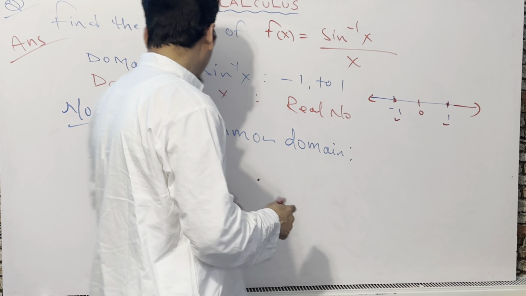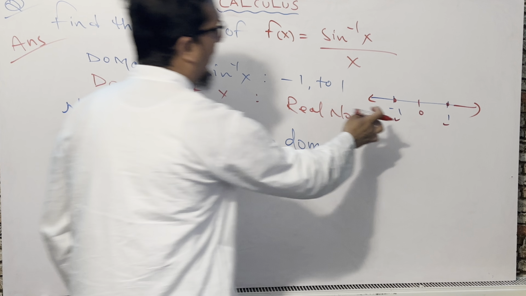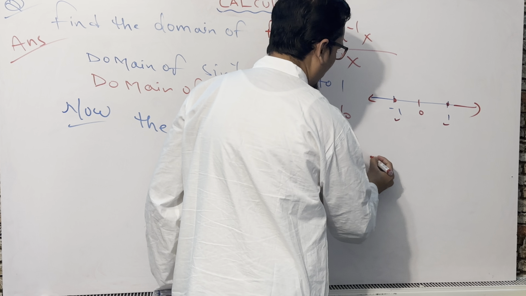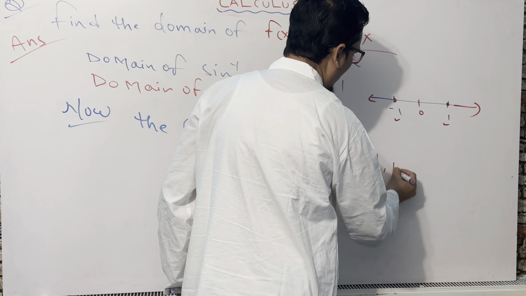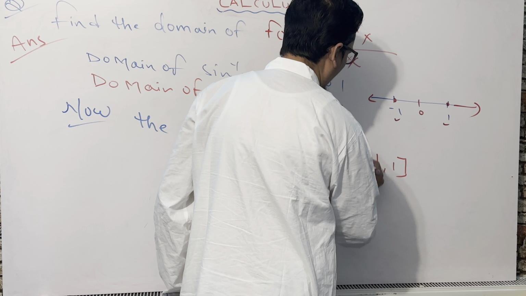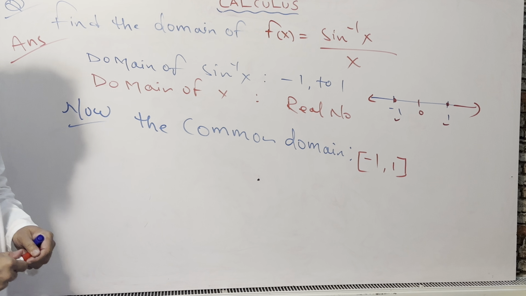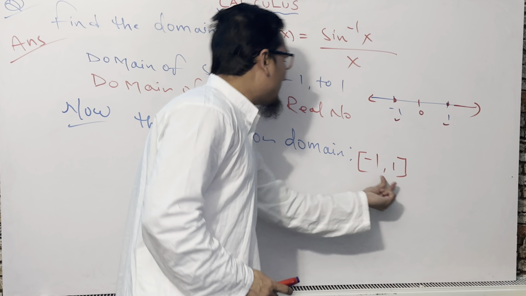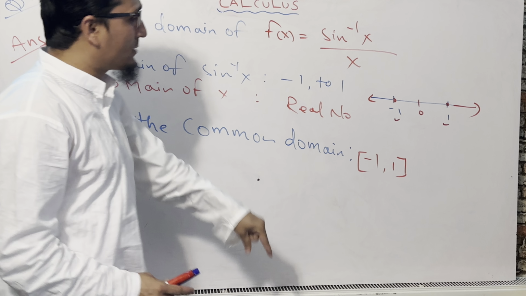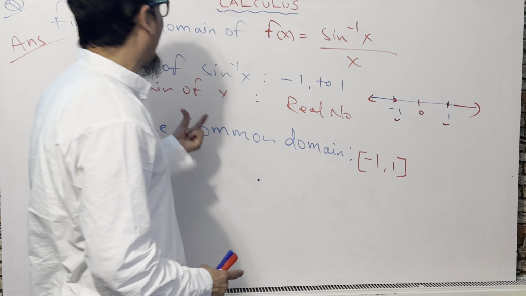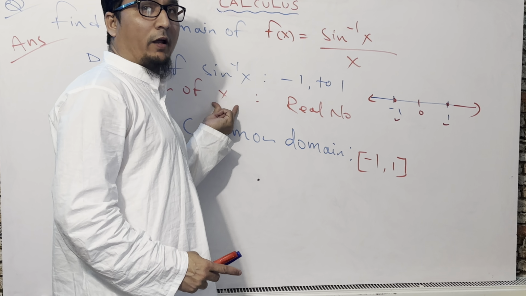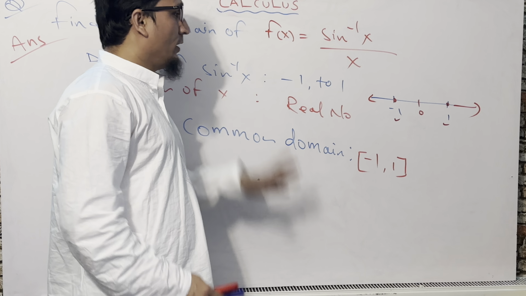So the common domain is -1 to 1, and I'm going to use the closed bracket. -1 to 1 is the domain of sine inverse x as well as the domain of x. These are the conditions for a composite function.